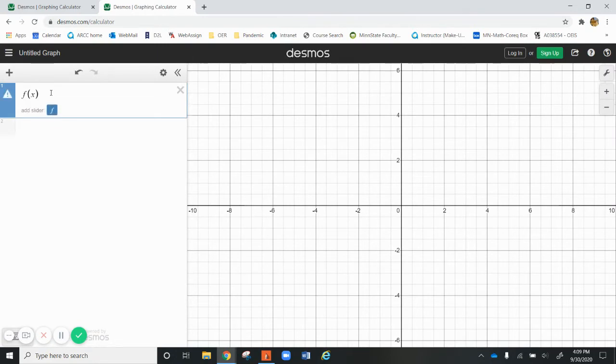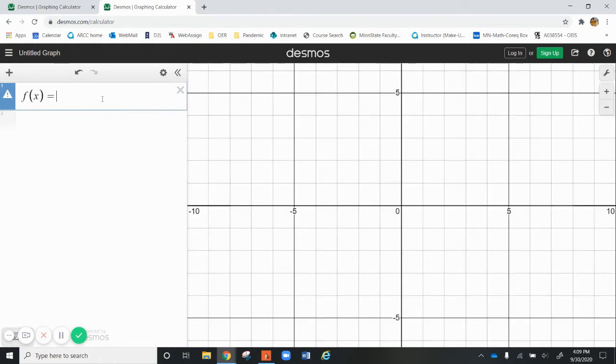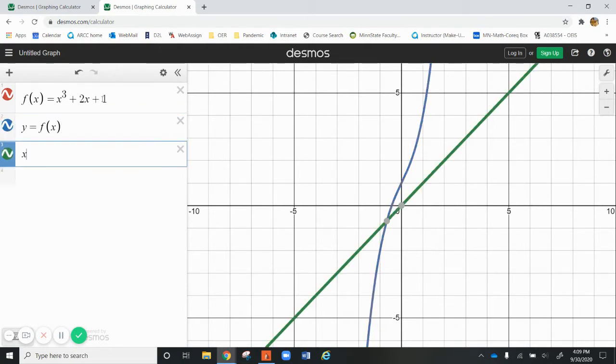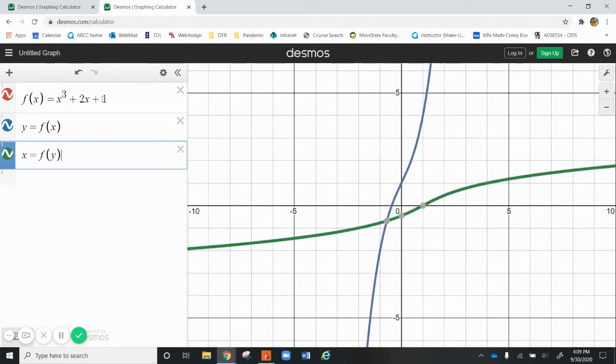Let's define our function f as x cubed plus 2x plus 1. And then if I do y equals f of x, I get that graph. But if I do x equals f of y, I get the other graph of f inverse.